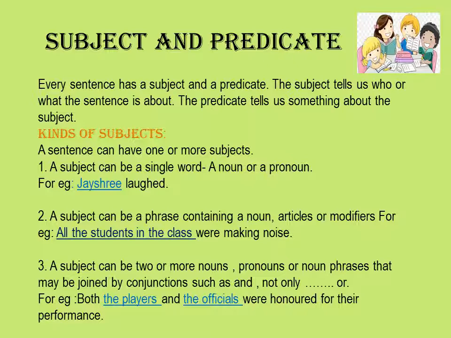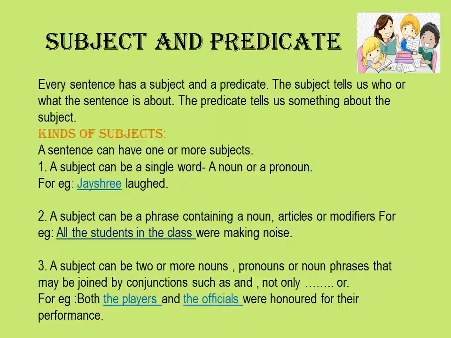For example, Jayashree laughed. Second, a subject can be a phrase containing a noun, articles or modifiers. For example, all the students in the class were making noise. So all these words, the group of words, all the students in the class, is your subject there.